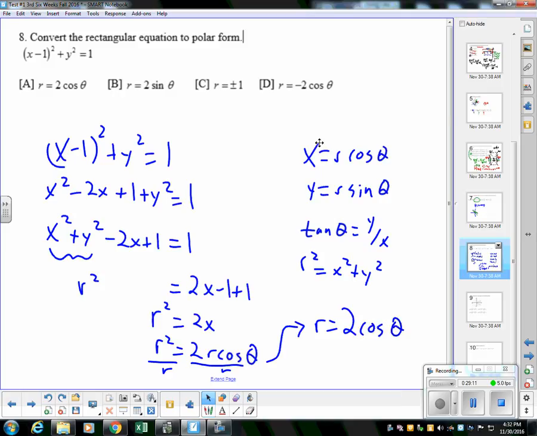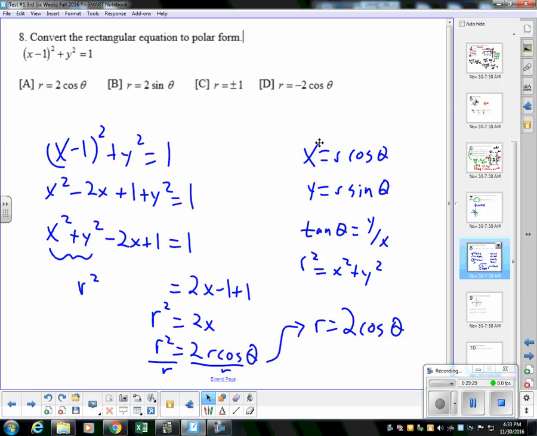Now, our equation up there is a circle with a radius of 1 centered at the point (1, 0). If you were to graph in your polar graph 2 cosine of theta, you should also get a circle centered at the point (1, 0) with a radius of 1.